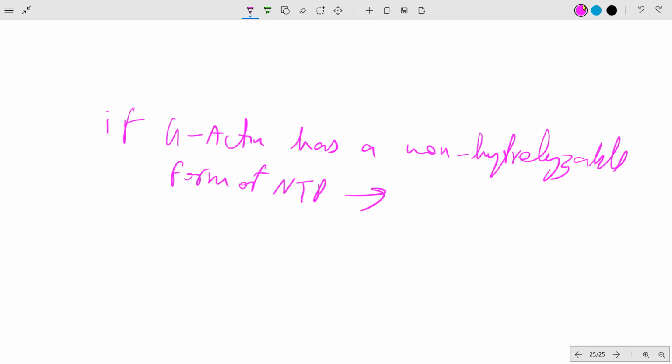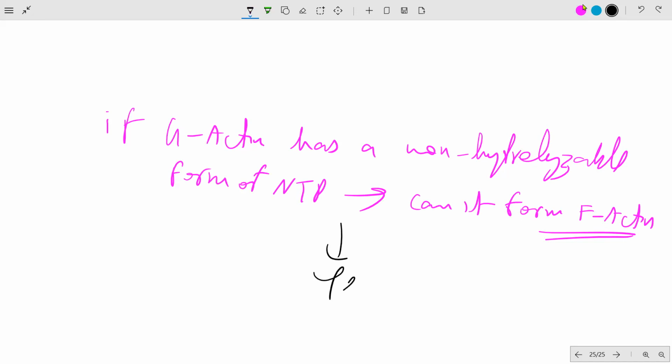Do you think it can polymerize? Can it form F actin? The answer is yes. They again start polymerizing.